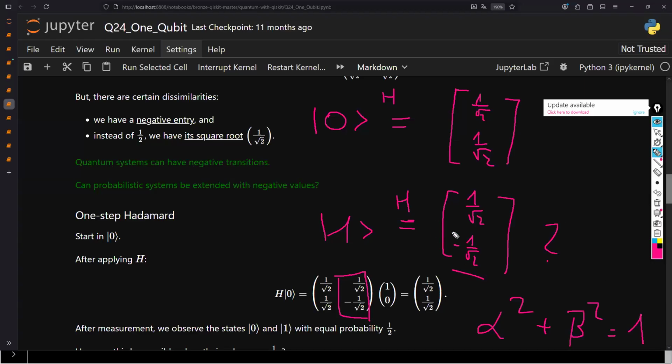An amplitude can have a negative sign to it. So that is also a very important distinction from classical operators and classical representation, where we can't have, in quotation marks, negative probability. Here, we say that this is negative amplitude.